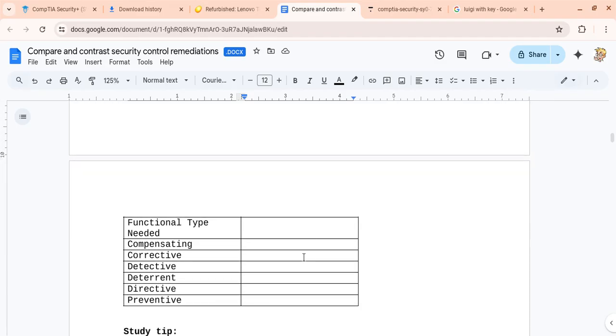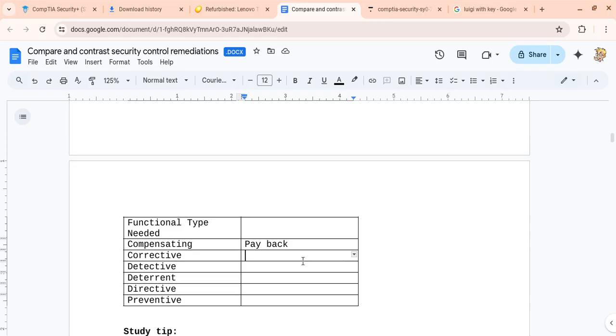Okay, here we have functional type needed. So compensating, compensation, good to know language. So compensate is to pay or to pay back money, maybe as a grievance or something that was wrongful. Okay, corrective, correction or correct, to correct a problem, right?